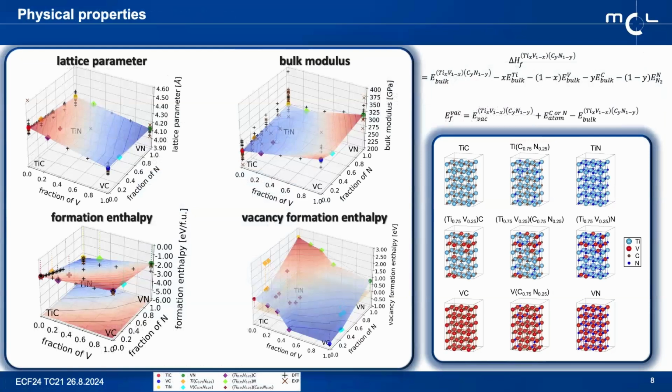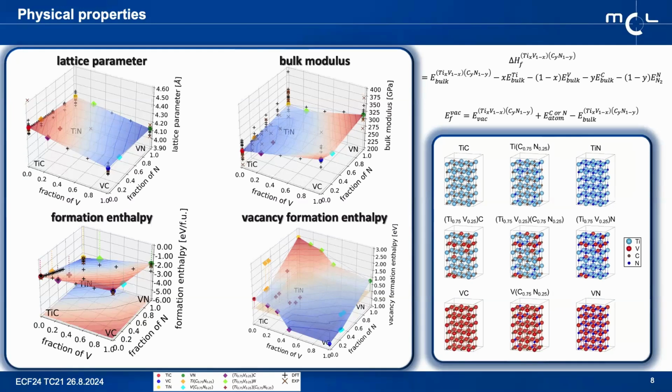And here already some of the first results. I want to utilize this slide to introduce this type of plots to you, where the base plane is our chemical space, with titanium carbide to the left, titanium nitride in the back, vanadium carbide in the front, and vanadium nitride in the back.